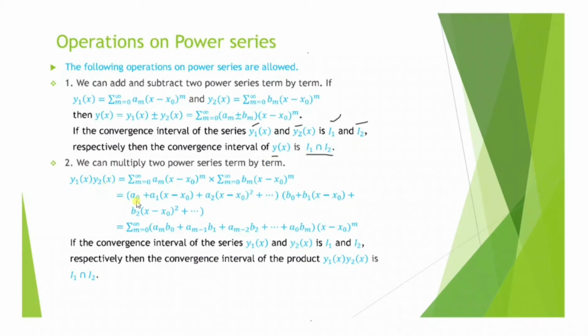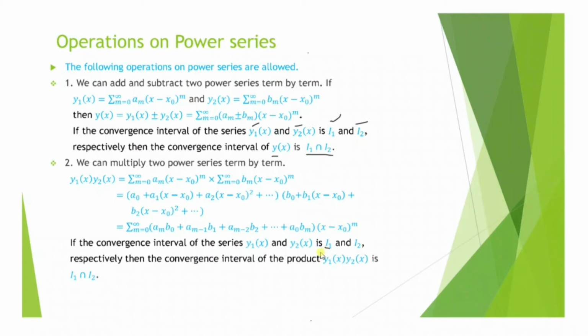y1 into y2 equal to a0 into b0 plus a0 into b1 x minus x0 plus a1 into b0 x minus x0 and so on. इसको हम समेशन फॉर्म में लिखने से आएगा समेशन m equal to 0 to infinity am b0 plus am minus 1 b1 plus am minus 2 b2 continue up to a0 bm into x minus x0 to the power m.